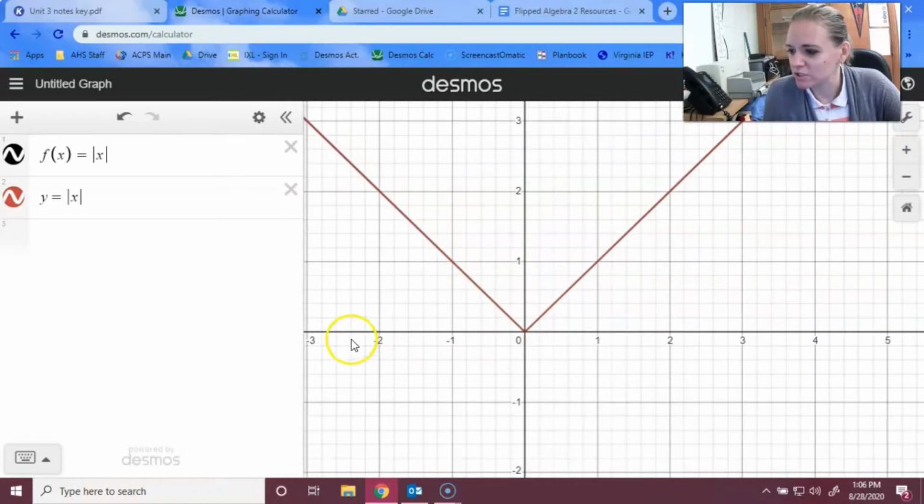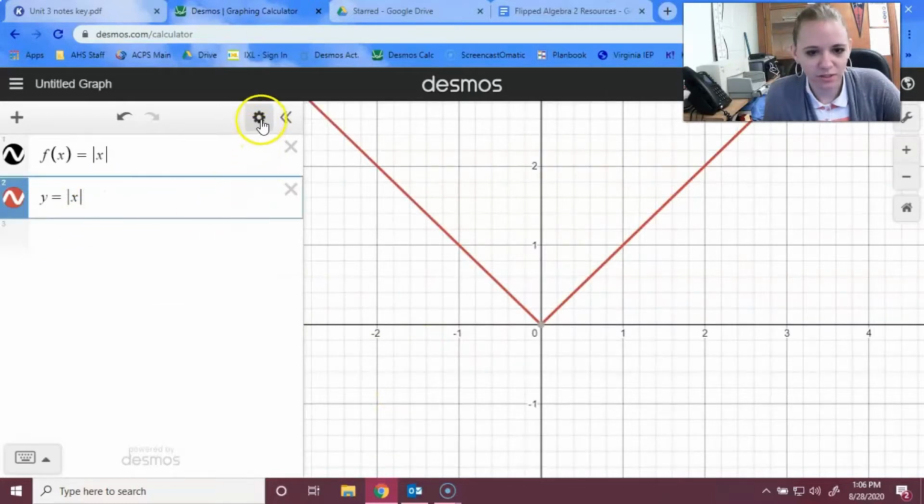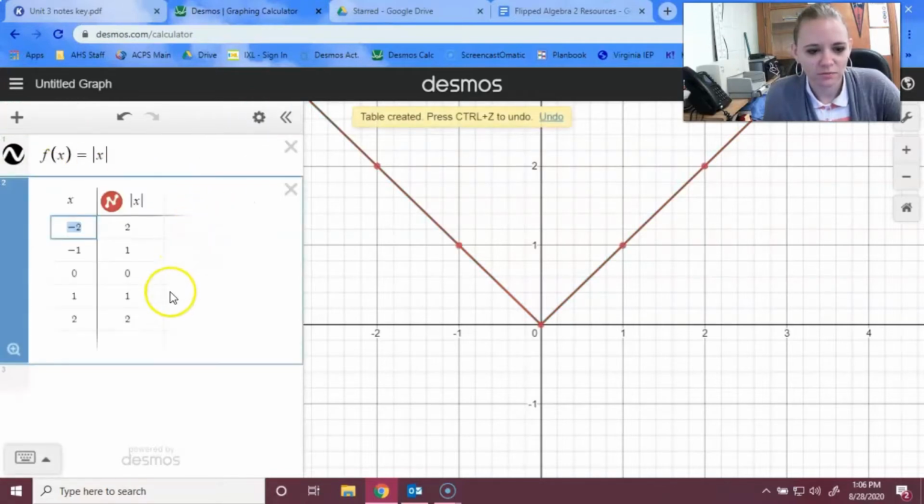Now we're going to sketch it on there, but they also want us to do the table. One thing you can do is click here, your settings, and click convert to table. Then it'll actually bring up a table with some points in it.